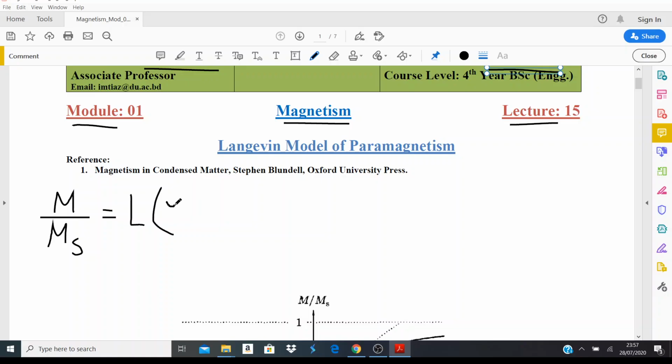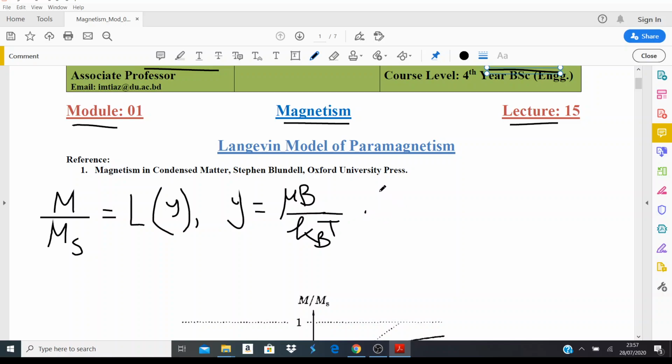And the parameter in the argument was y, and we remember that y is nothing but the ratio of magnetic moment times the magnetic field divided by Boltzmann constant times the temperature, right?